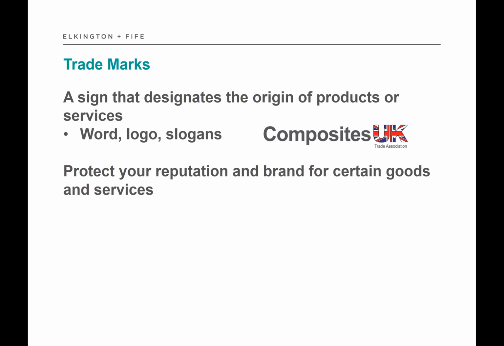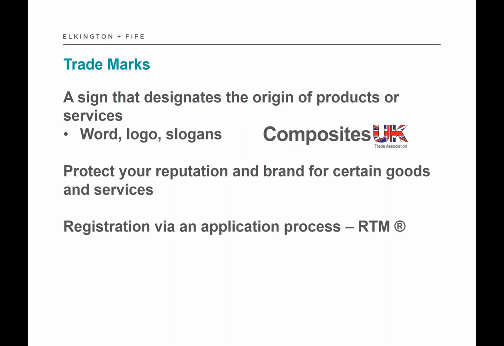So there are two ways in which you can get a trademark. By far the best and most effective way to get the trademark is to apply for a registered trademark. That will ensure that the rights are publicly known, and you can use this symbol that you've probably all seen.